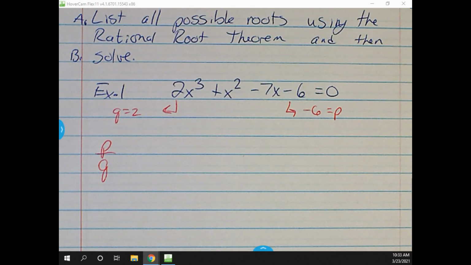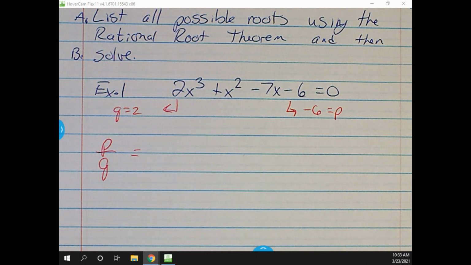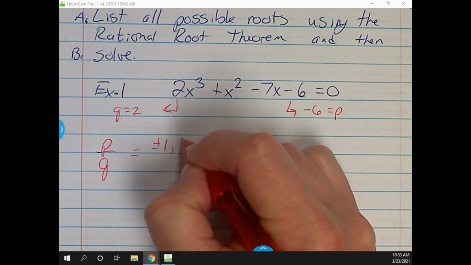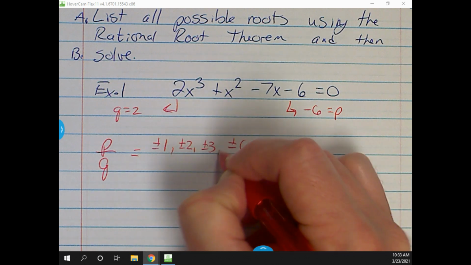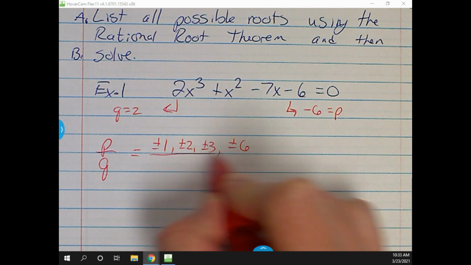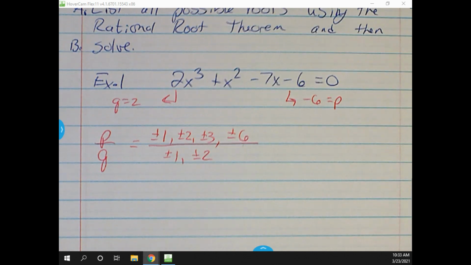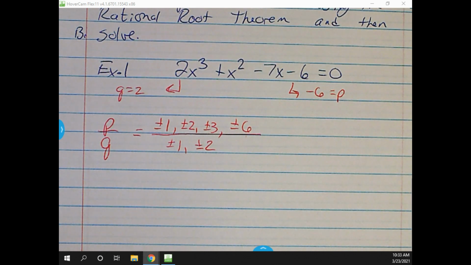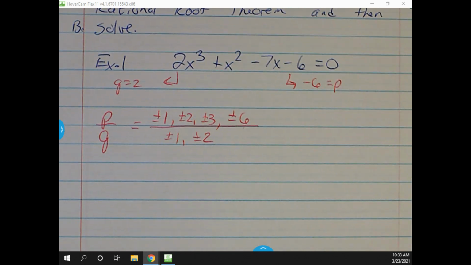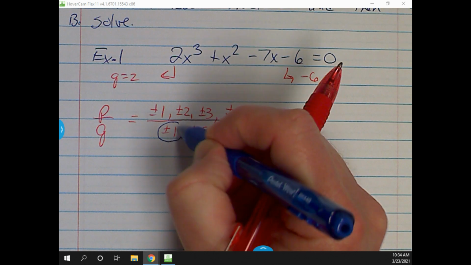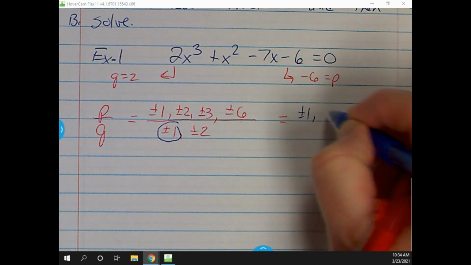If we go P over Q, P is 1 times 6 or 2 times 3, and for Q, that's 1 times 2. So again, we divide everything by 1. That doesn't really change the numbers here. So the possible roots are 1, 2, 3, and 6.